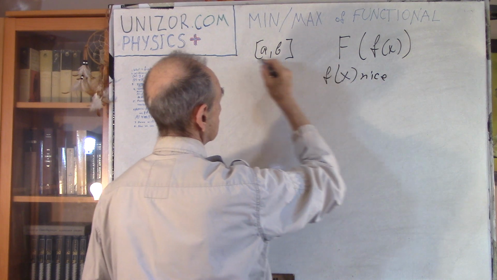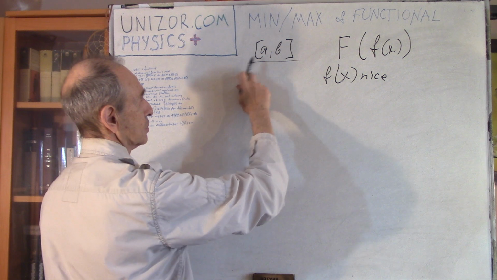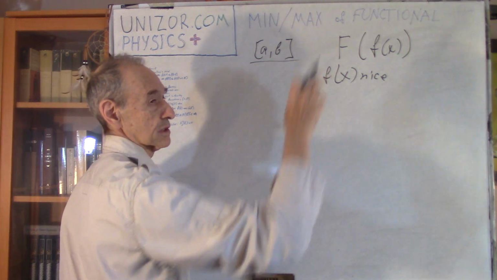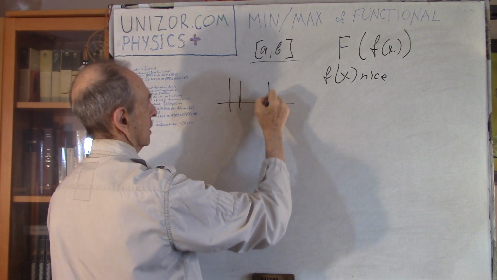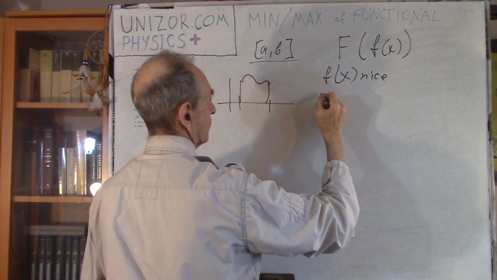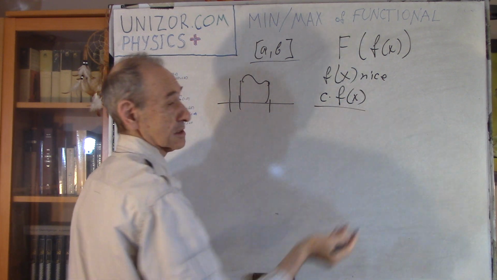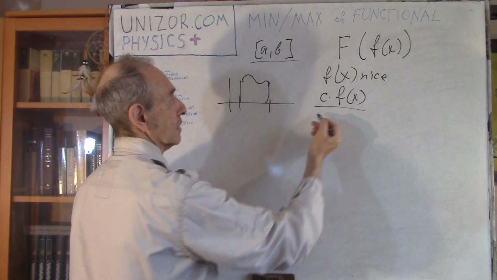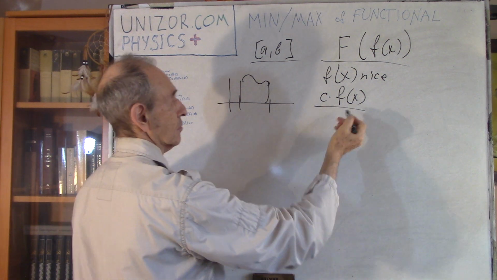As I said, it is defined on this segment, including the borders, including a and b. So we don't have any infinite growth or whatever. It's a function which can be defined like a graph from point to point. If you multiply by some coefficient, a real number, I would like that also to be one of the functions for which the functional is defined.